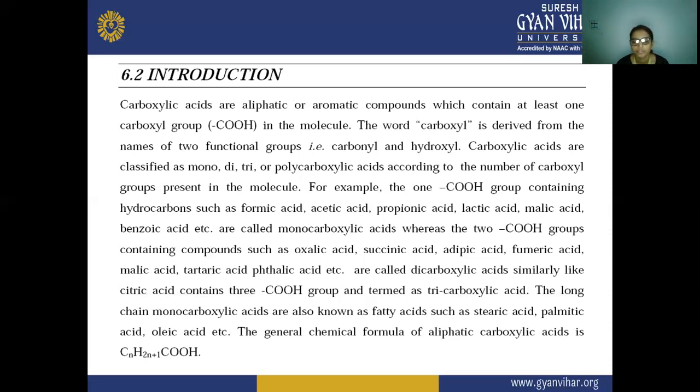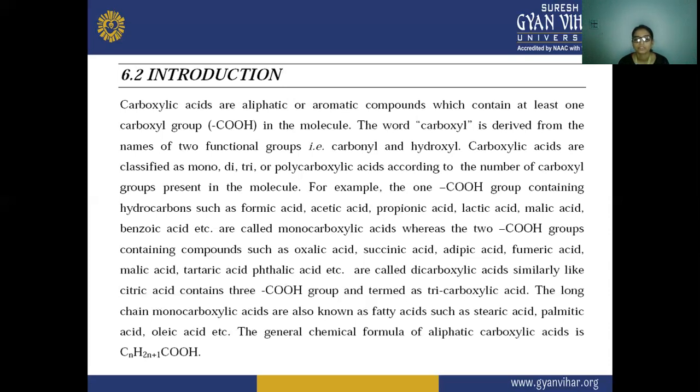If n equals 1, then CH3COOH, and its name is acetic acid. If n is 0, then the structure will be HCOOH, and the name of this acid is formic acid.